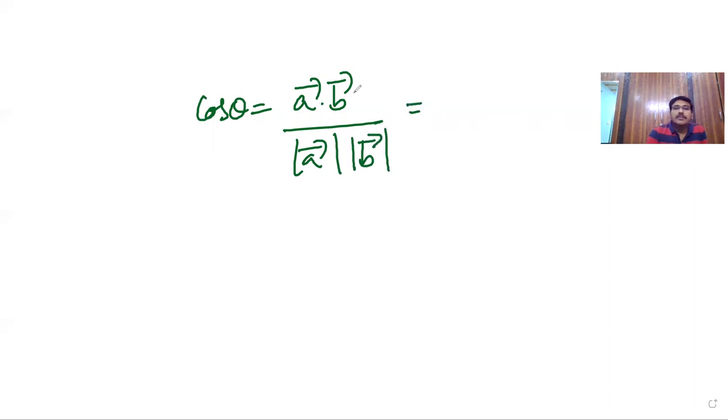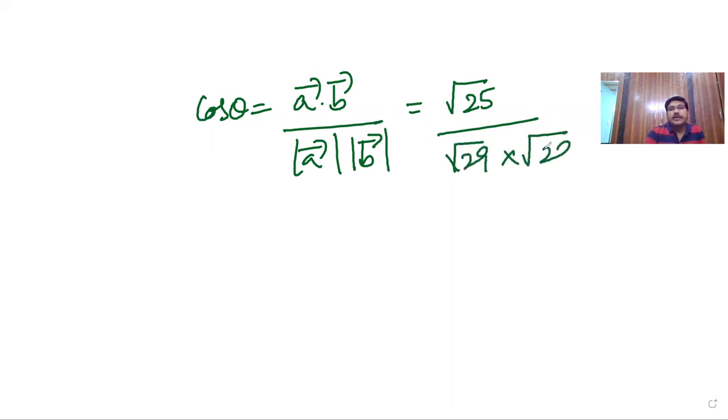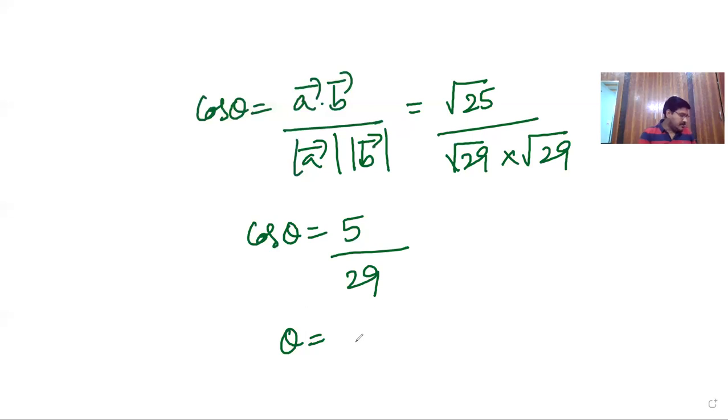What was this A bar dot B bar? You got 25, over root 29 into root 29.